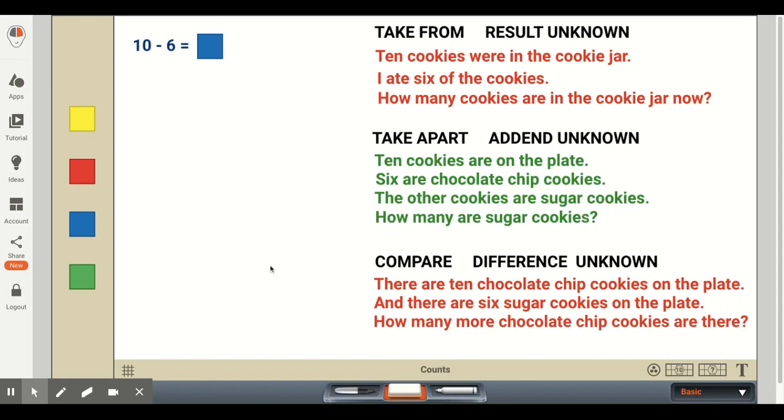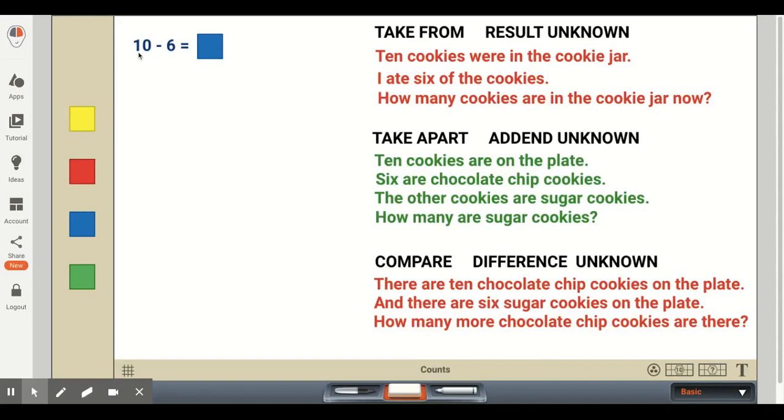And then in this final situation, the compare, difference unknown, there are 10 chocolate chip cookies on the plate, and there are 6 sugar cookies on the plate. How many more chocolate chip cookies are there? So this is a comparison problem where we're comparing the 10 chocolate chip cookies to the 6 sugar cookies, and we're looking for the difference.